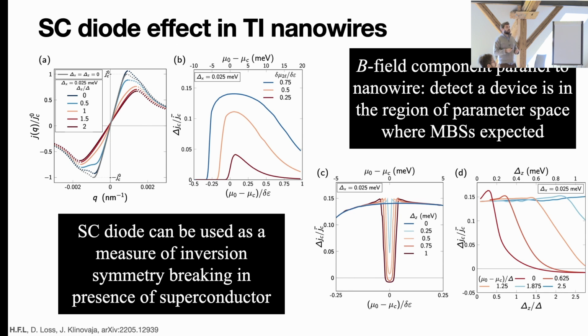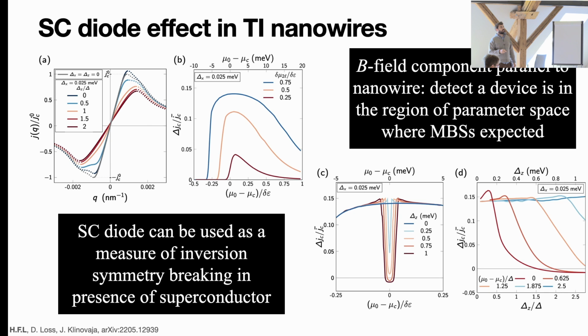So I can use this diode effect to diagnose that I'm in the region of parameter space that I would like to be in to get Majoranas. It's a completely separate way of checking that I'm really opening this helical gap and changing the energy gap of my hybrid superconductor TI nanowire system.